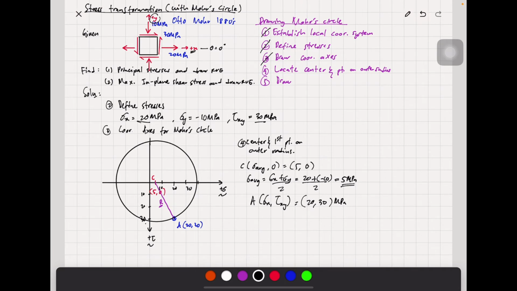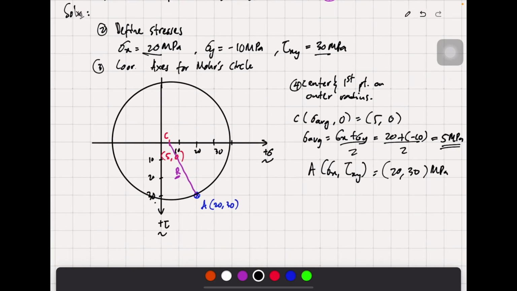So I'm going to finish up by identifying a few values that we have before, and plotting on the coordinate system. Now this is our sigma 1, which is our major stress, and the other side will be our sigma 2, our minor stress, also on the coordinate system.